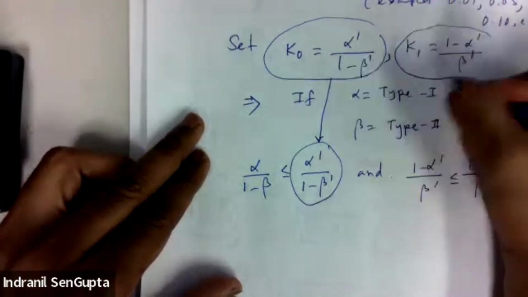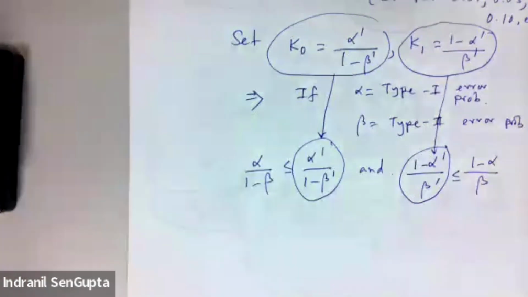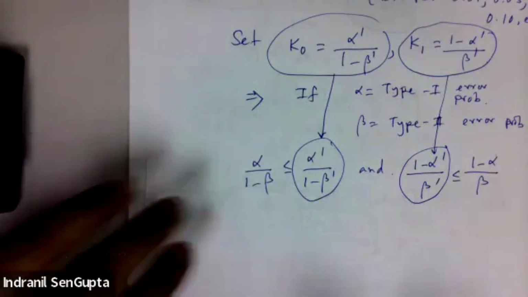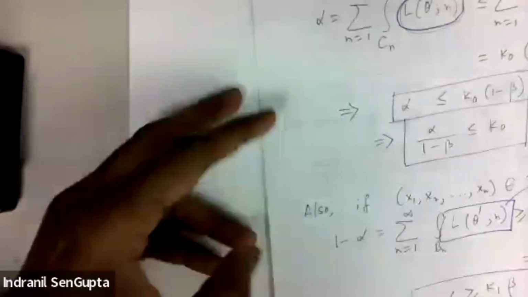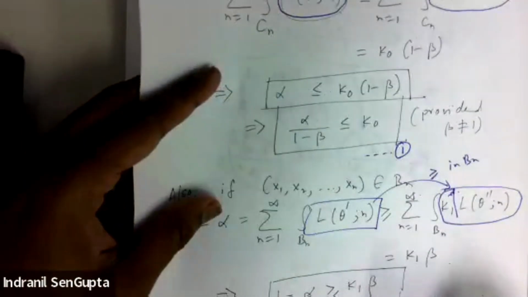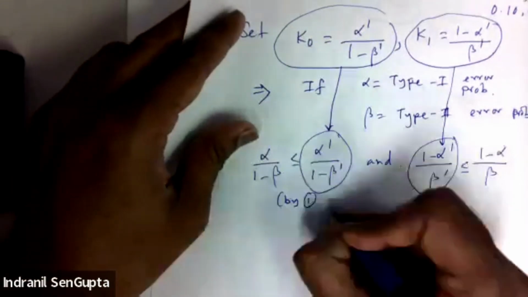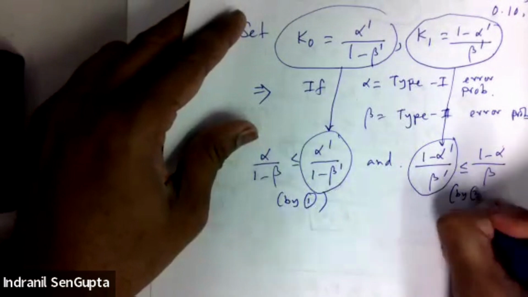Once again, this is coming from right here. Right? So k1 is less than that. We have found it. So the first one is by 1, and this is by 2.